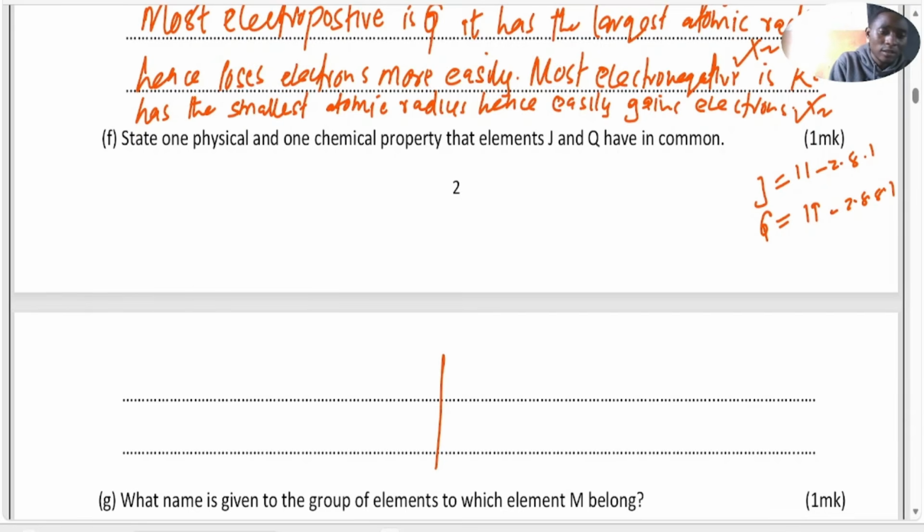So let's write physical properties. One of the physical properties of these metals is that they have metallic luster.